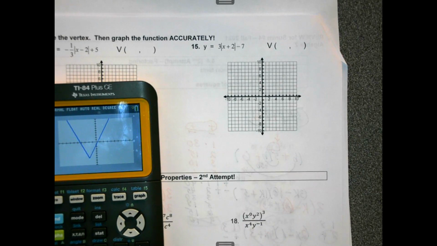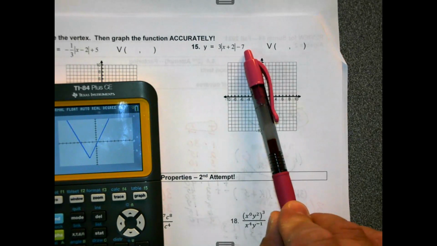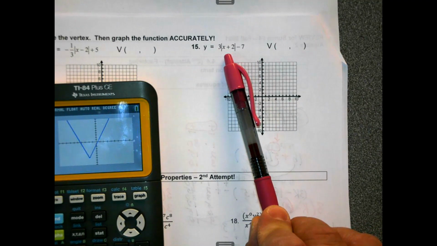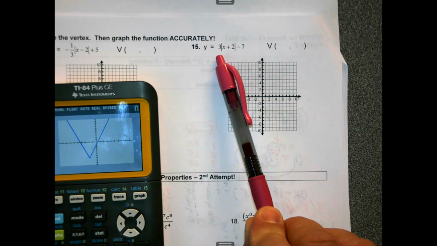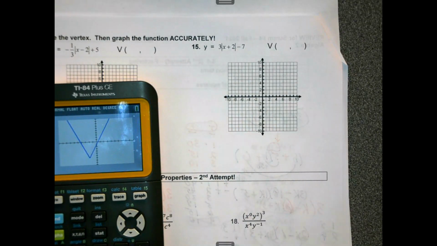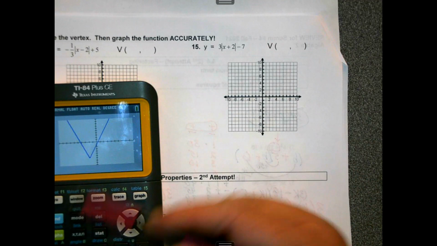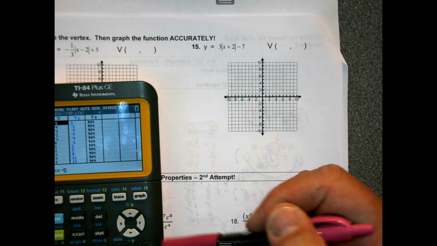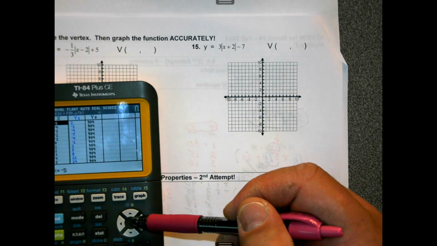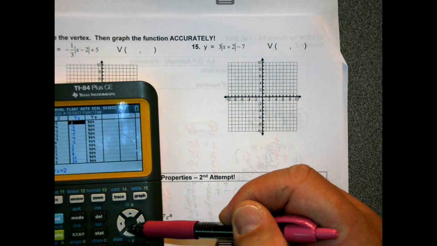So this one actually has 3 transformations, right? We have the plus 2 inside, the minus 7 outside, and the slope is changed from 1 to 3. I'm going to get some points here, and hopefully I can figure out what the vertex is. I'm going to hit second graph, and look for y numbers that start to repeat.